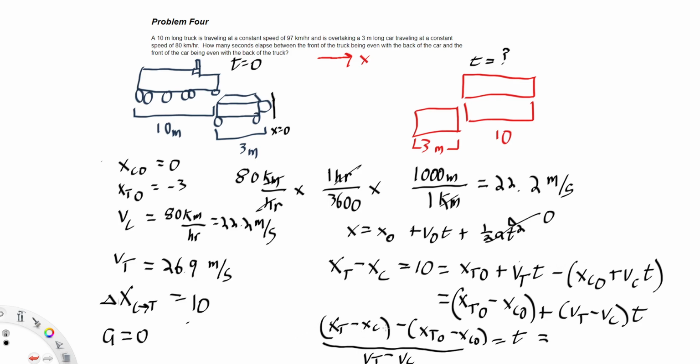Difference in the final positions is 10. Difference in the initial positions is -3. And the difference in the velocities is about 4.7. Turn to our calculator. 13 divided by 4.7 gives us a little under 3 seconds.